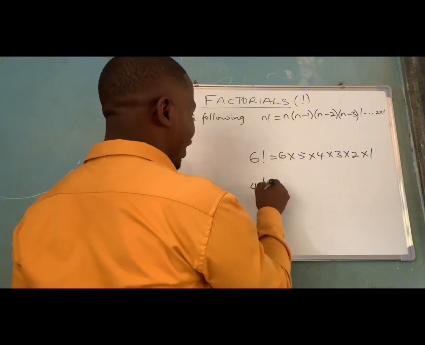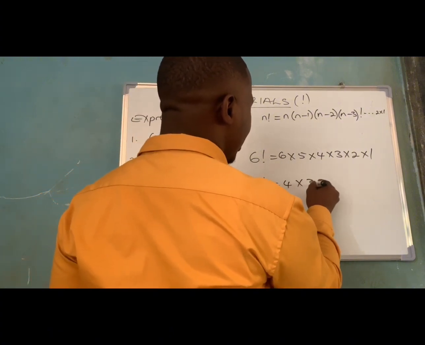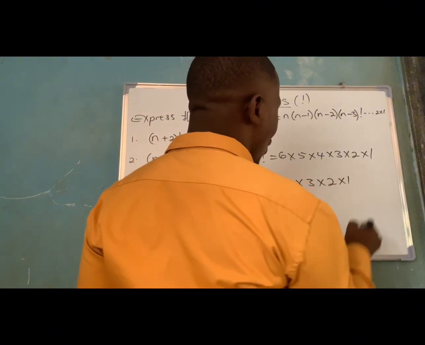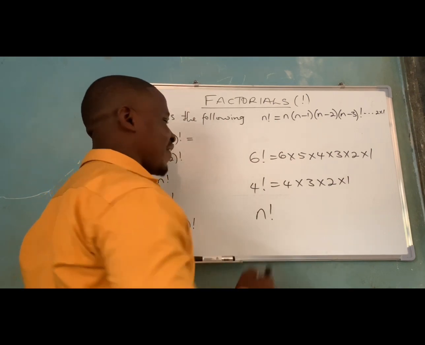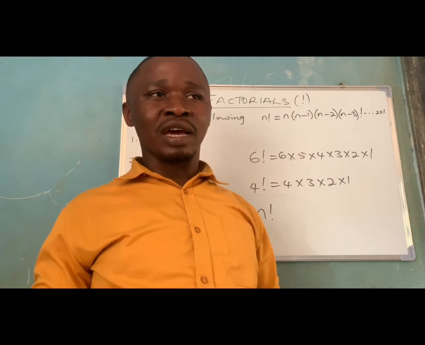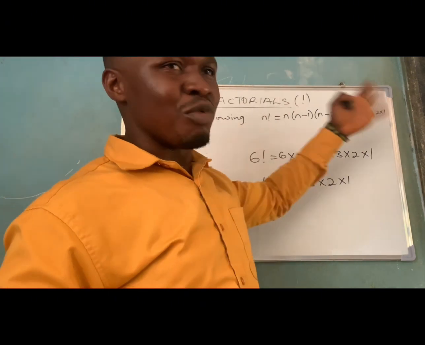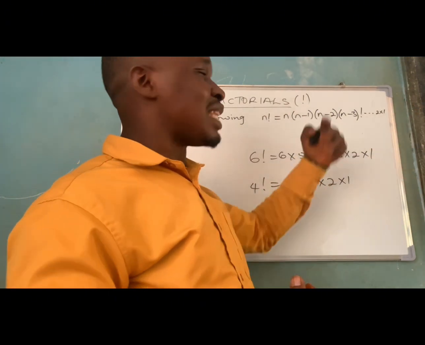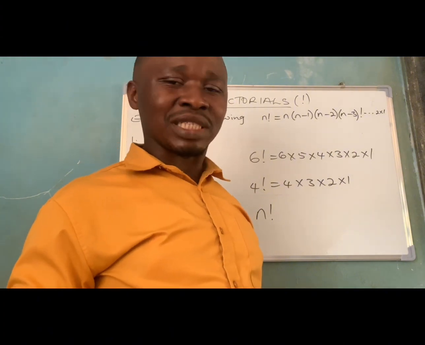If we say 4 factorial, 4, 3, 2, 1. So even if you have n factorial, we're supposed to understand that mathematically it ends with 1, but because we have a variable, we cannot physically see that. But you need to understand that.